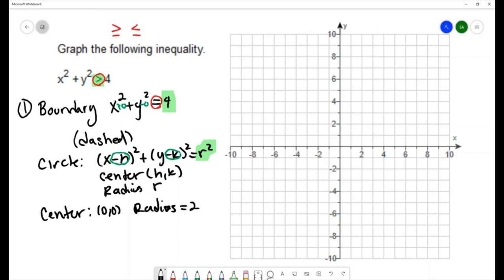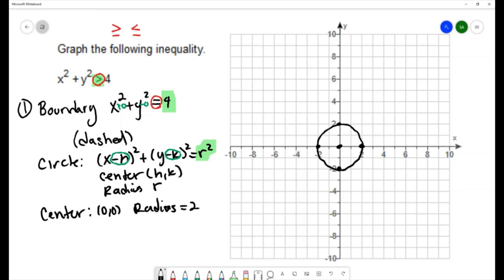So I'm going to go to the center, and the radius is the distance from the center to the points on the circle. So I'm going to go a distance of 2 from the center to the right, down, left, and up. So by definition, since the radius is the distance from the center to the points on the circle, I'm going to be able to sketch that circle with that distance of 2 from the center.